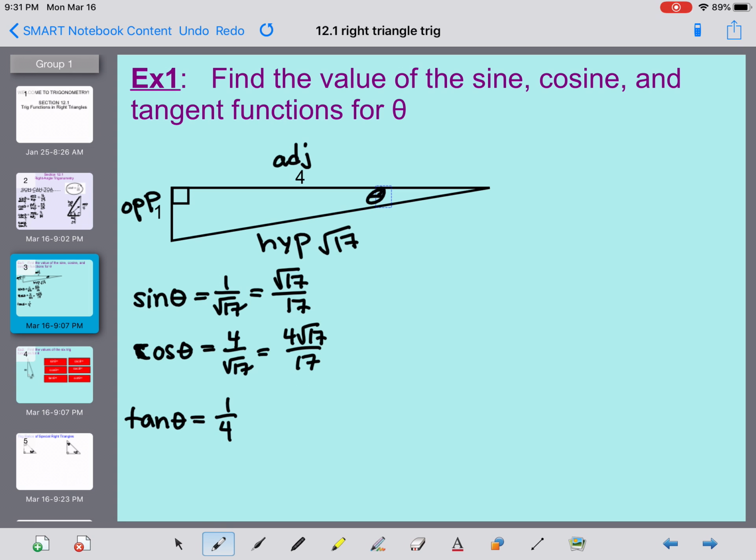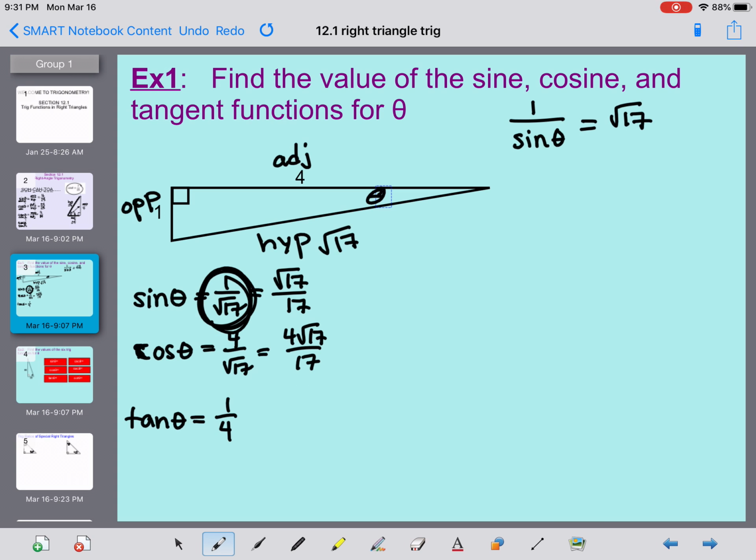Okay? Now, we talk about the reciprocal functions. So a reciprocal means we're gonna flip it. So if we take sine, the reciprocal of sine would be 1 over sine of theta. So take this guy, he's the easiest one to take, and just do the reciprocal, flip it. So that would be root 17.